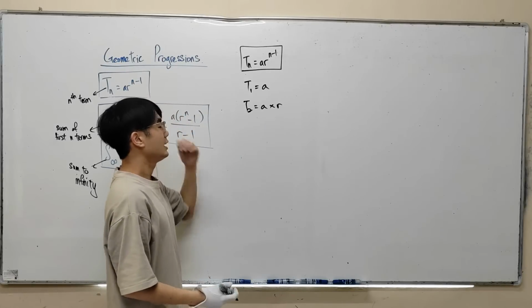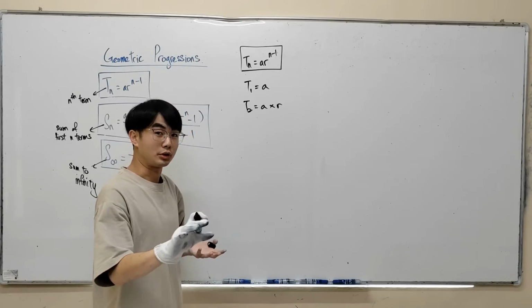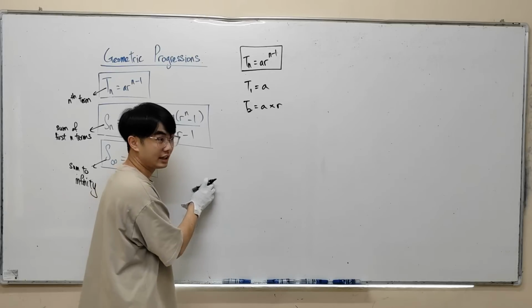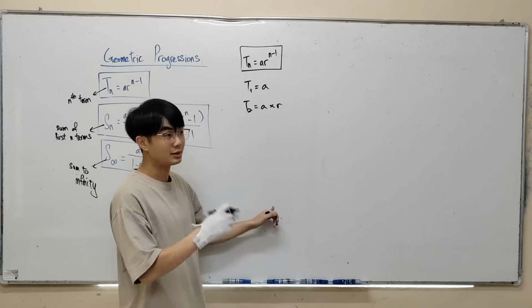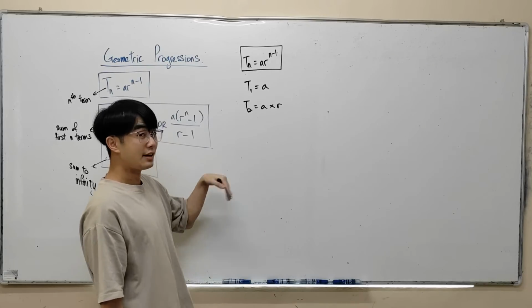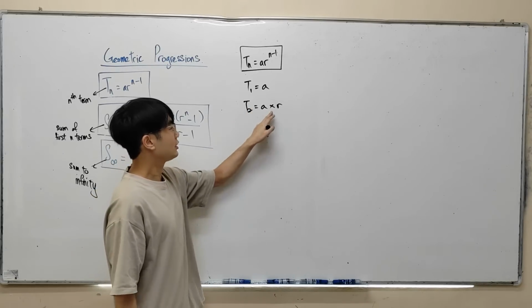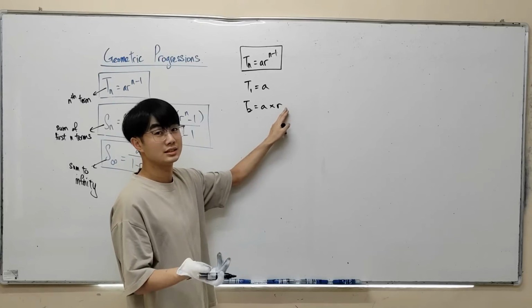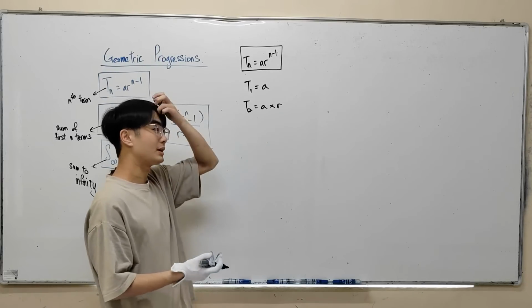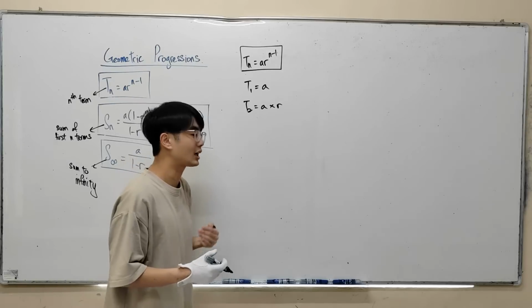When we write geometric progression, the first term is always A, and the next term will be A times R, times the ratio. If it's arithmetic progression, instead of times you will plus the difference, which is the D. But geometric is different. Geometric is in times.